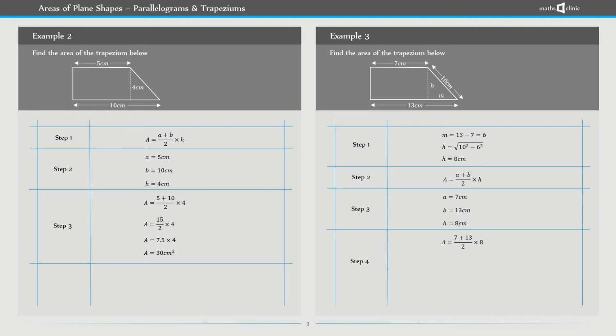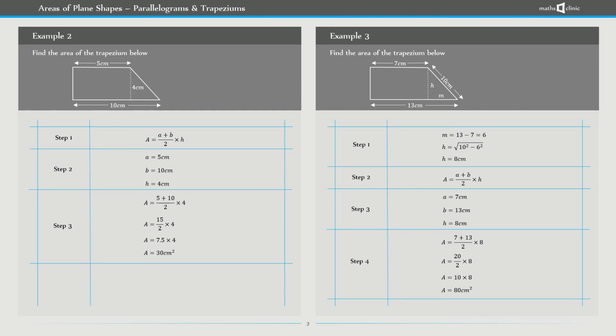And I have that the area of the trapezium there is 7 plus 13 divided by 2 multiplied by 8. You have 7 plus 13 as 20. When you divide that by 2, you have 10 times 8, and what you have in the end is 80 cm squared as your area of the trapezium there.